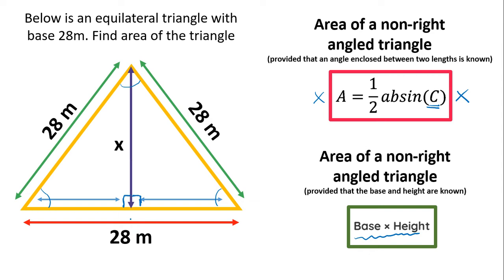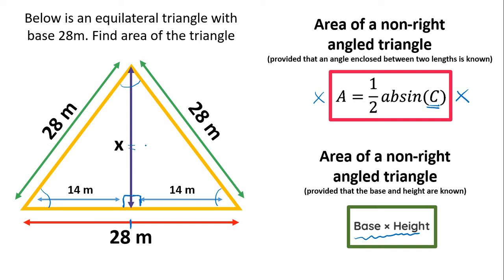So 28 is the length. If I break this 28 into half, it means that in these two right angle triangles I have 14 meters here, 28 meters there, which means that I can do something to find my x. That's my height.